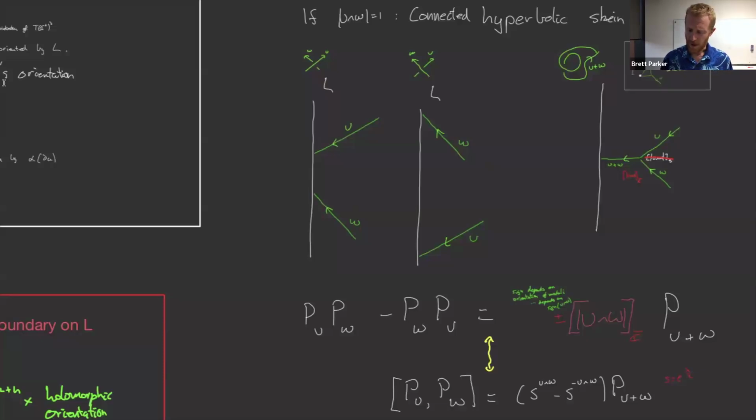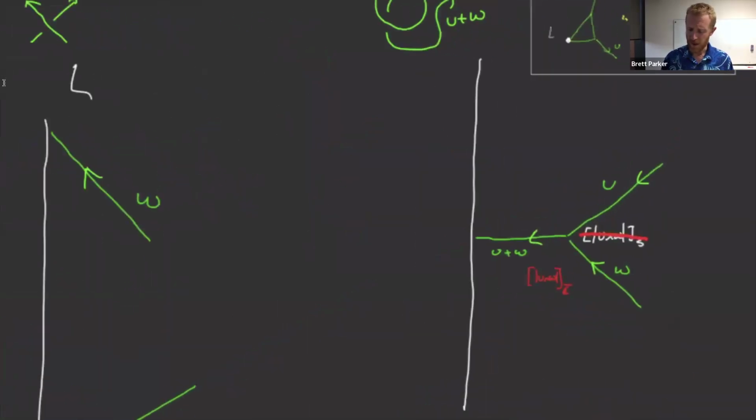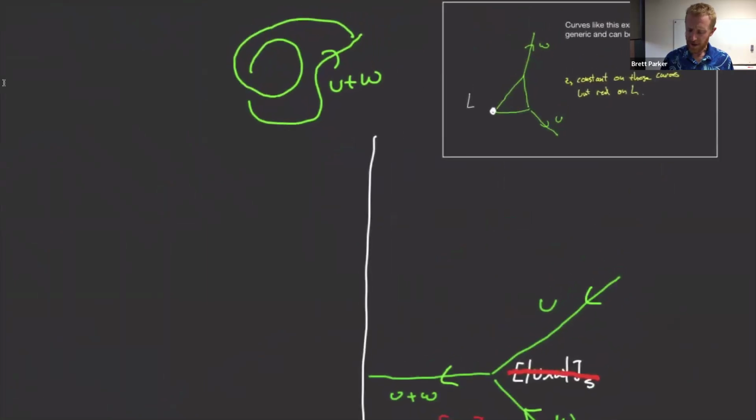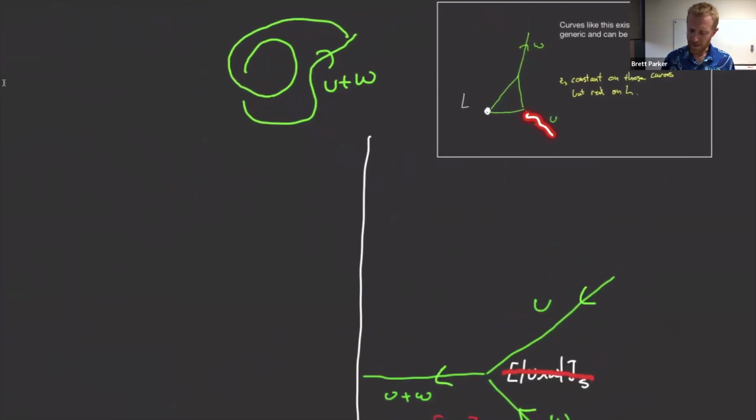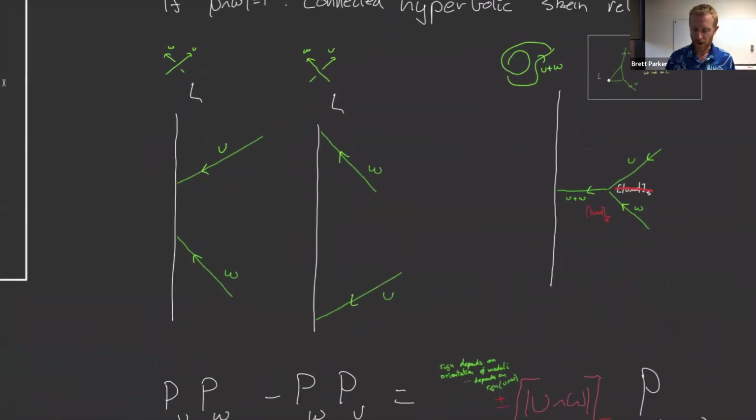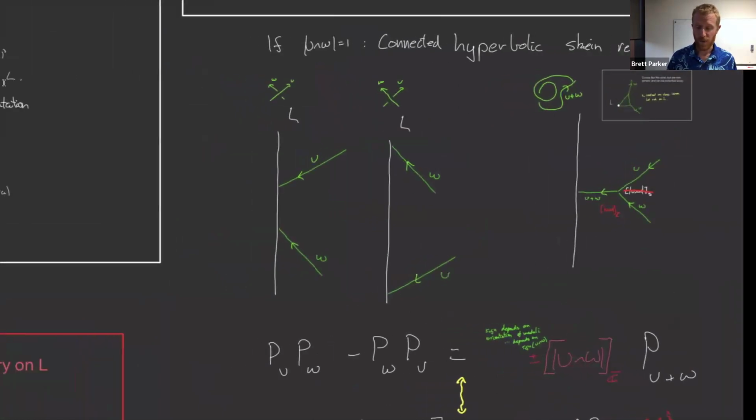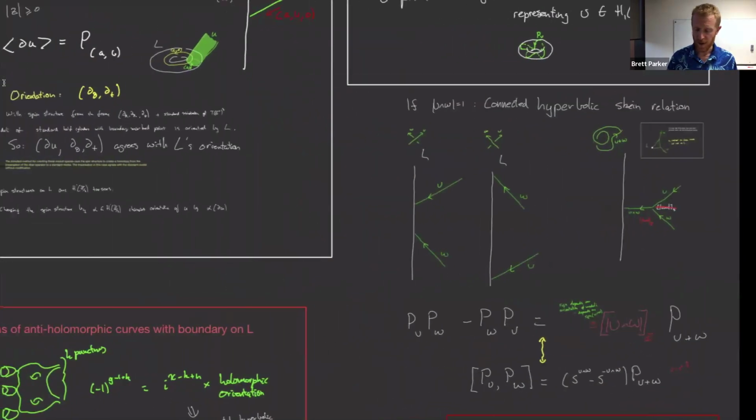And the similar technicality, that curves looking like this with two things attached to L, they exist, but they can also be perturbed away in this case, just like in the case of the topological vertex that I was talking about before.